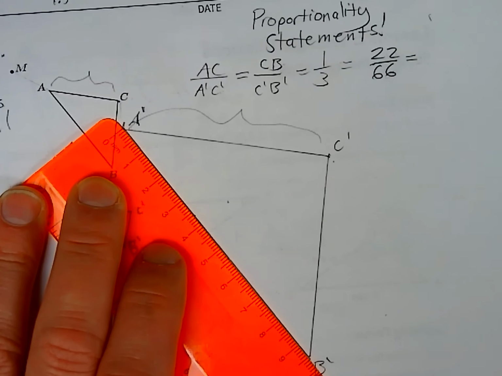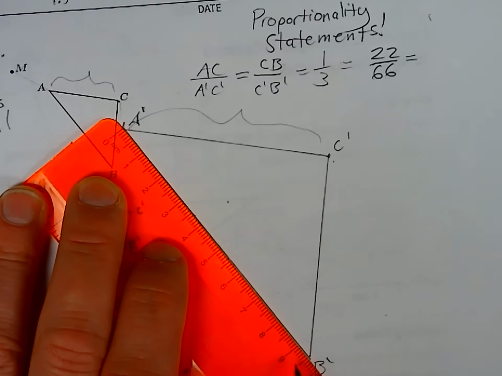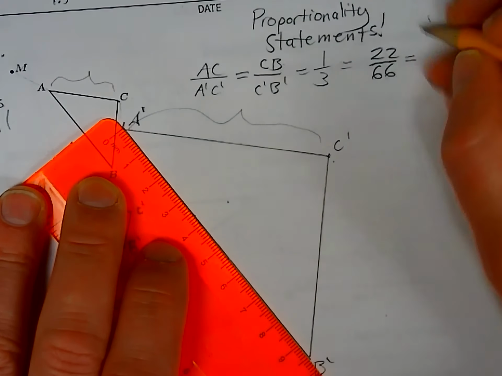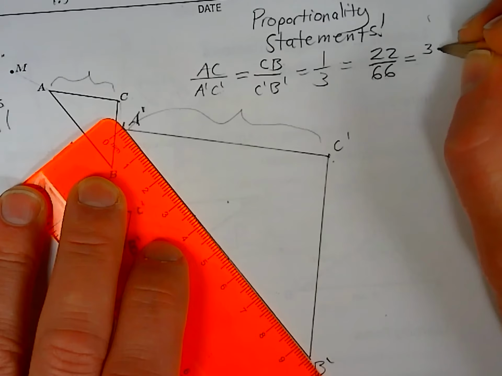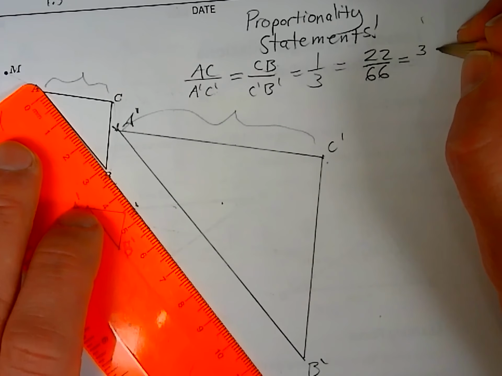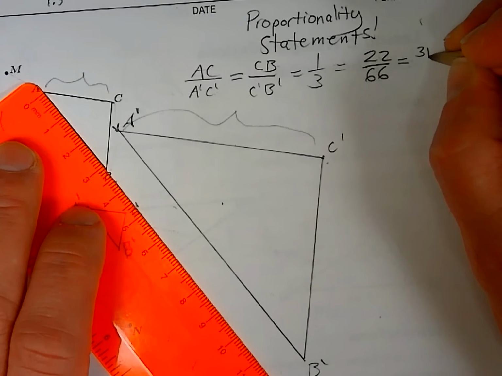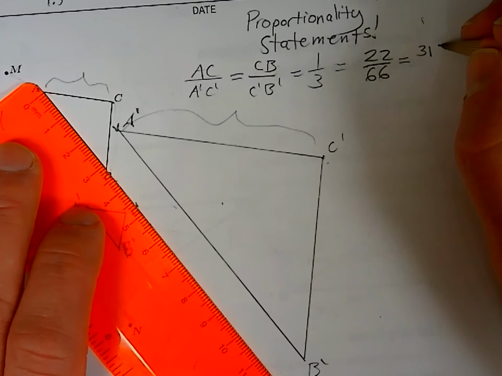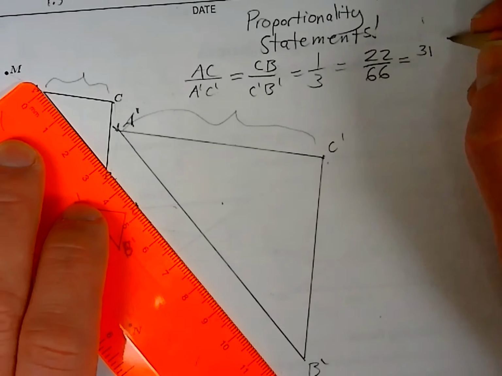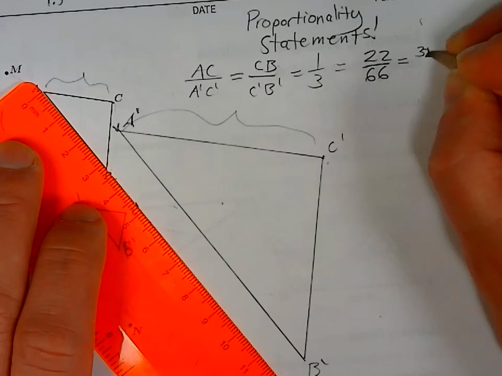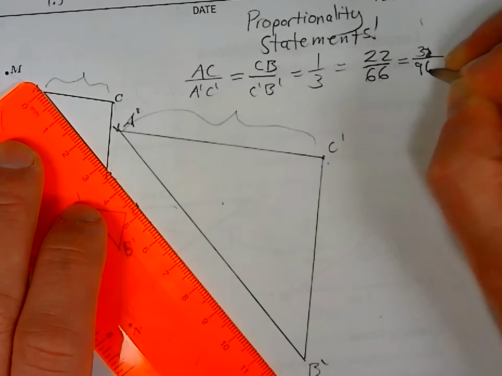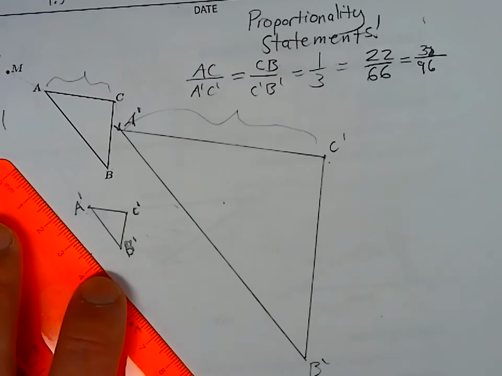Yes, that is what I like to see. 96. What was the original one? 31? Wait, 31 times, 32. Ha ha ha. Great. What else can we say?